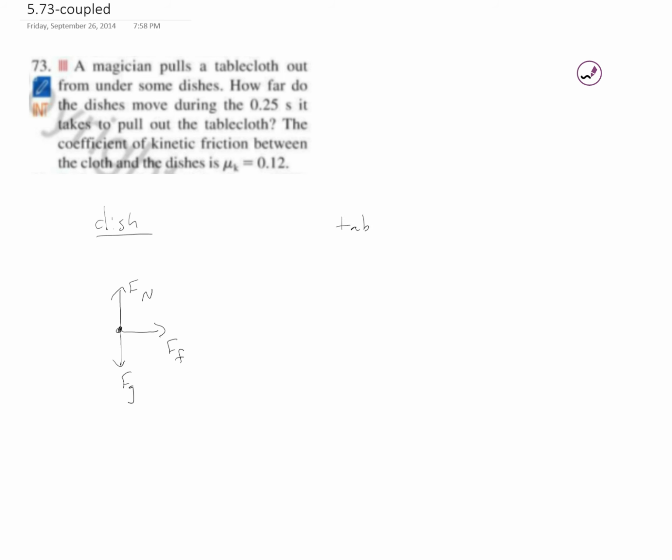Tablecloth would be force due to gravity, force normal. Now I'm going to call this one D from the dishes. Force normal, we'll call this T from the table.